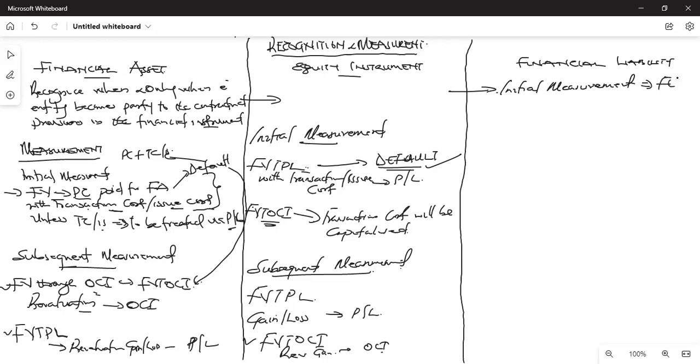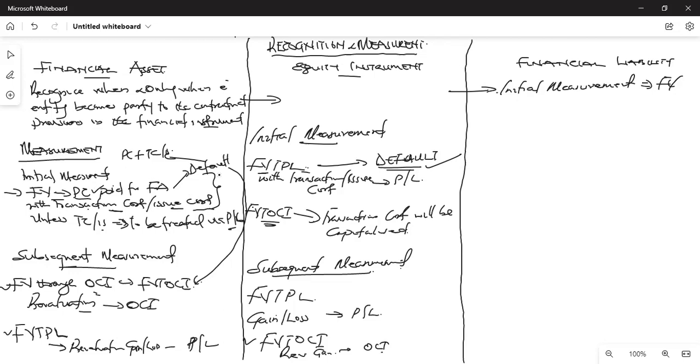Now everything is fair value, fair value, fair value. But what is the definition of fair value? In the asset here, we said it is the purchase consideration, and you have to include the transaction cost. So that was fair value. In the same way, here the initial measurement is also fair value. It's just that transaction cost should be treated through the P&L.